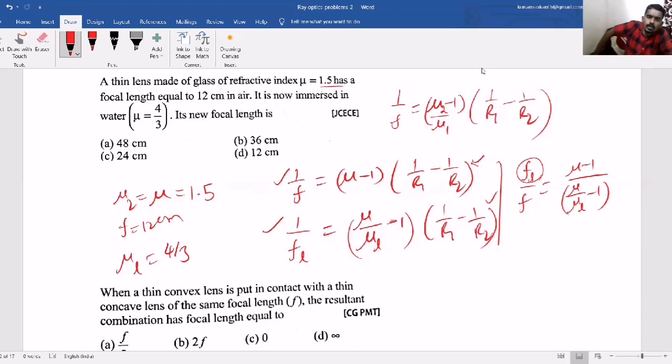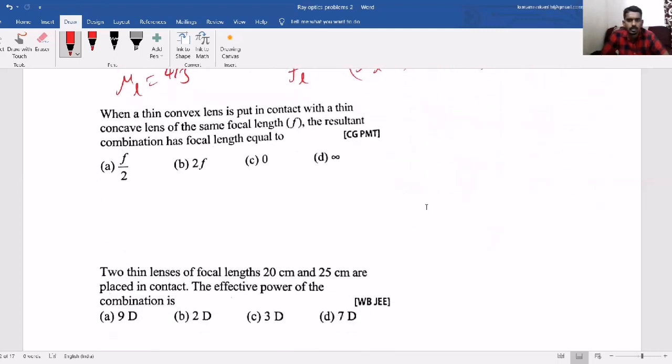You take it inside water, inside air, anywhere, the focal length of the mirror remains constant, but the focal length of the lens changes as the medium changes. As I explained, it may convert from a converging lens to diverging or diverging to converging sometimes. So that is what they based this question on.